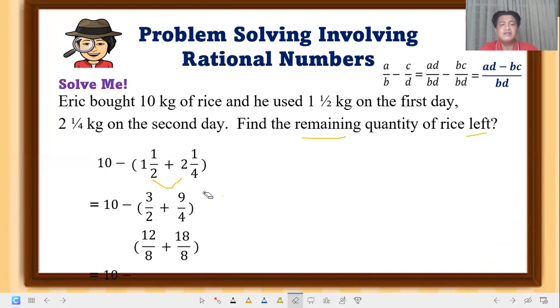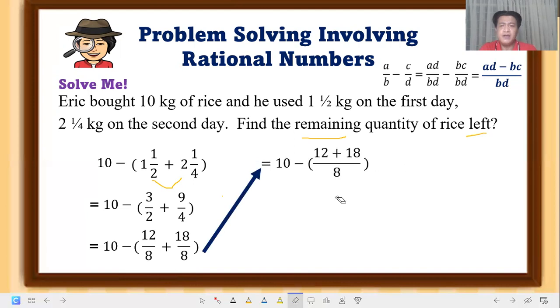Okay, and copy natin yung 10 minus. And take note, since we already get the similar fraction, we can now add. Okay, and then this will become 12 plus 18, that is 30/8. And itabi lang muna natin yung 10 minus the quotient of this.